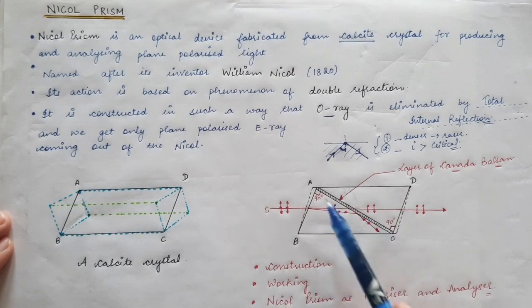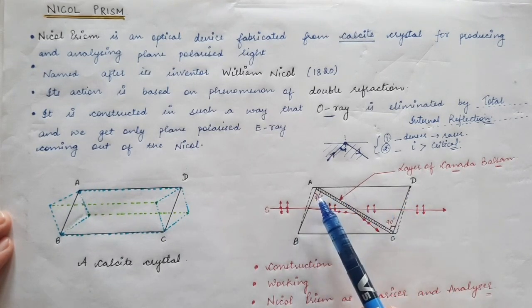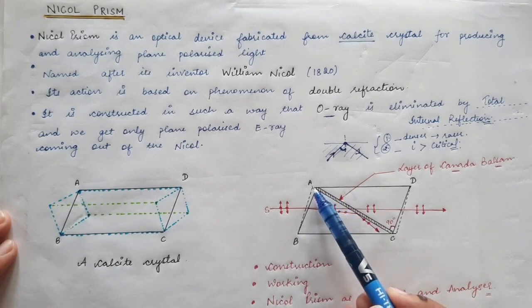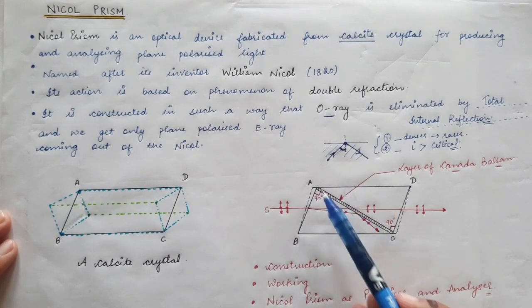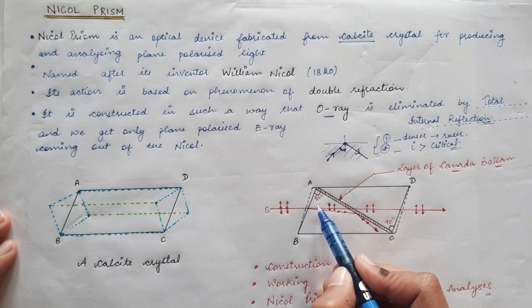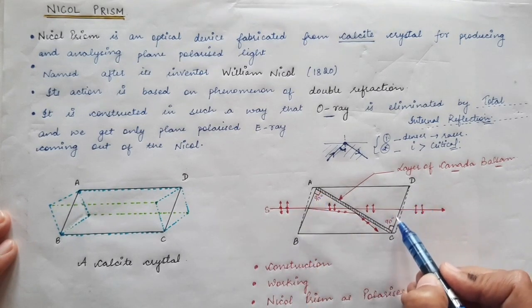Over here I have shown only this parallelogram, which is the principal section of the calcite crystal, and we cut the crystal along a plane such that it makes 90 degrees with the principal section as well as 90 degrees with these two faces.